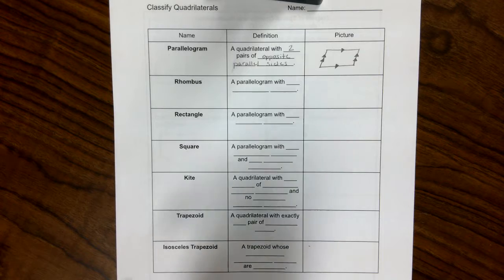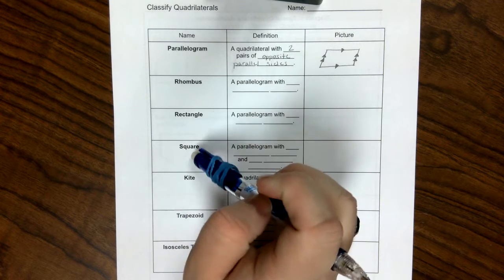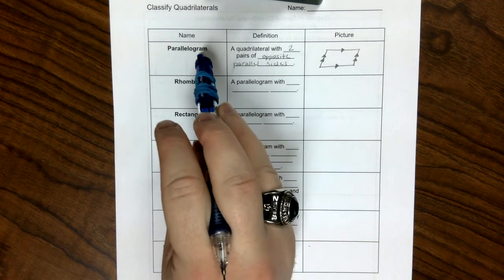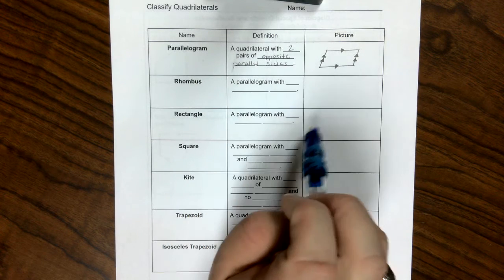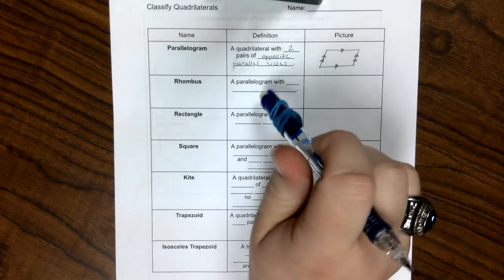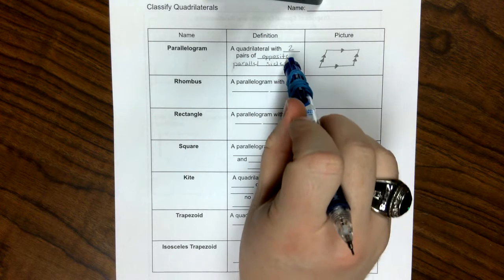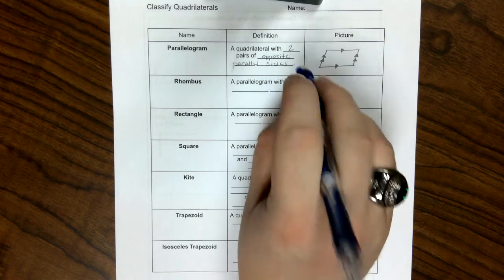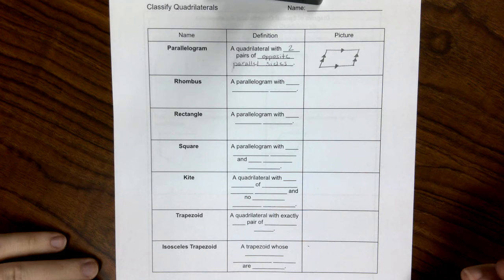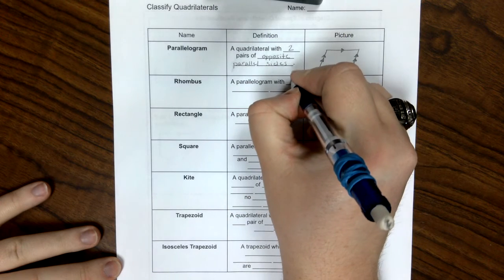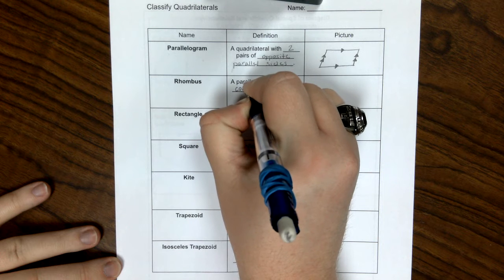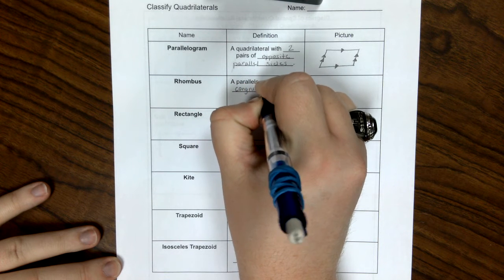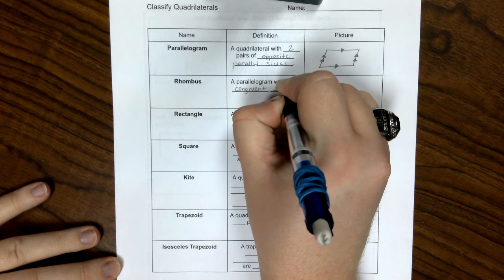Now these next three, rhombus, rectangle, and square, are all special cases of a parallelogram. So that's why they say a parallelogram with whatever. Not only do they have their own thing, but they also have this aspect of a parallelogram. So a rhombus, we say that's a parallelogram with four congruent sides.